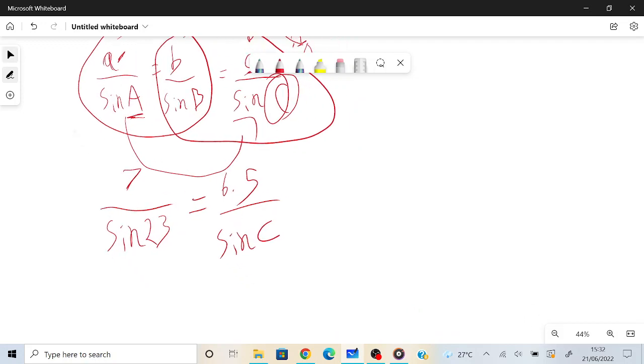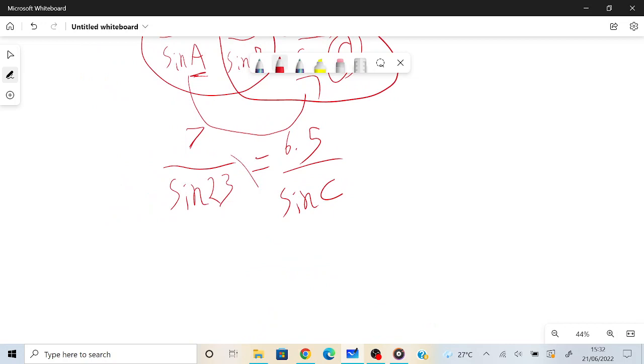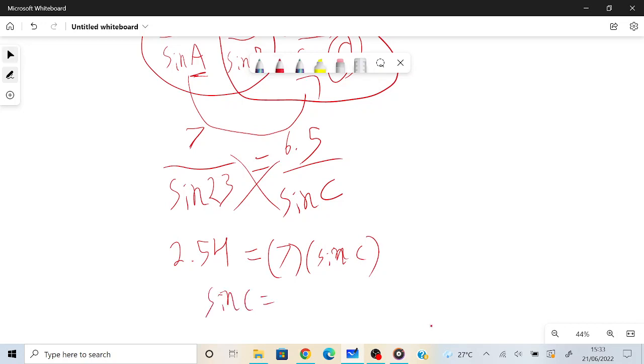Now, in order to solve this, you may use algebra knowledge, and you know that we would cross multiply. So 6.5 times sine 23, that would give you 2.54 to 2 decimal places. That's equal to 7 into sine C. Then sine C is 2.54 divided by 7. That's 0.36 to 2 decimal places.